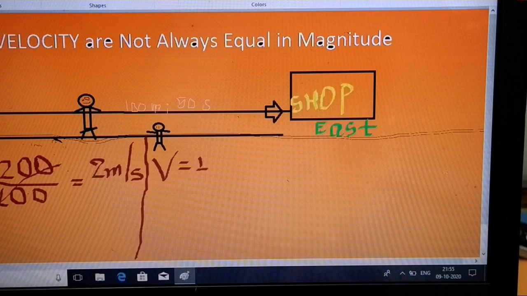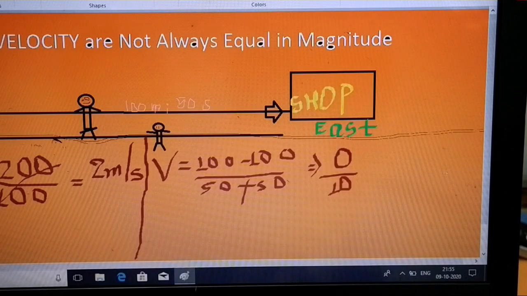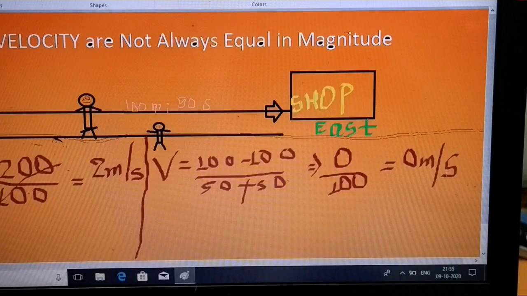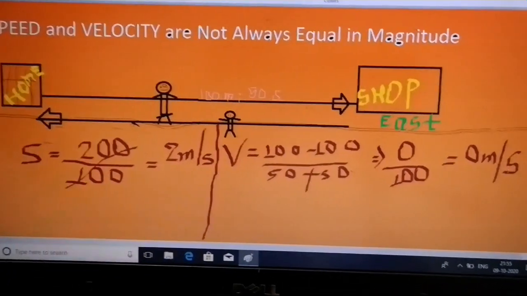In this case, velocity of boy is equal to displacement by time taken. So 100 minus 100 divided by 50 plus 50 is equal to 0 divided by 100, and the velocity of boy is 0 meter per second. Velocity of boy is 0 meter per second, and speed of boy is 2 meter per second in this case.